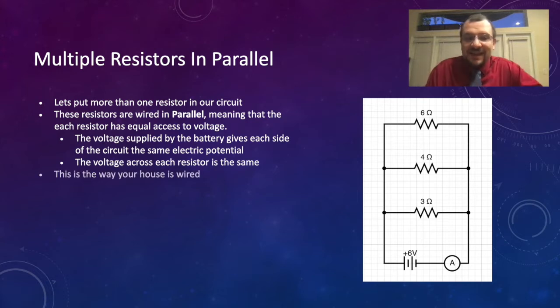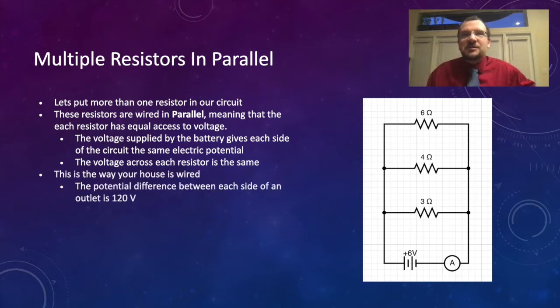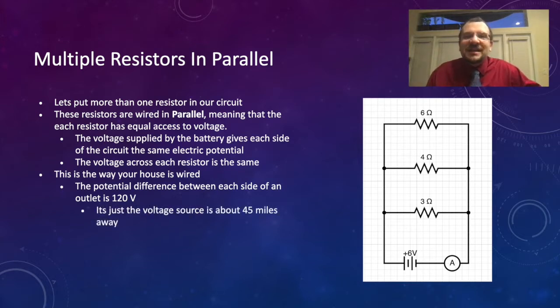And this is the way that your house is wired. The potential difference between each side of the electric plug is 120 volts. The only difference is that the voltage source is the power plant that's like 45 miles away. So it's just a really big circuit.